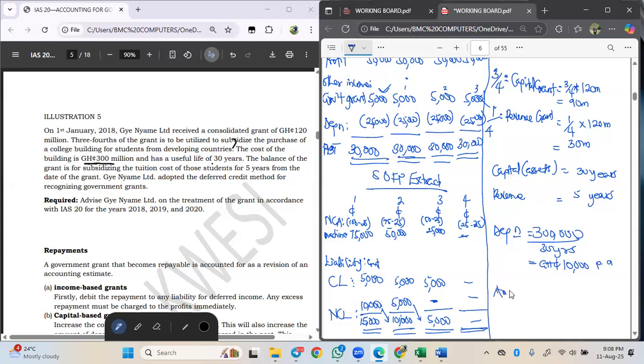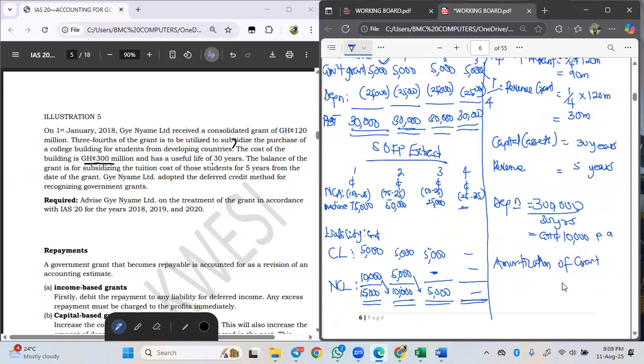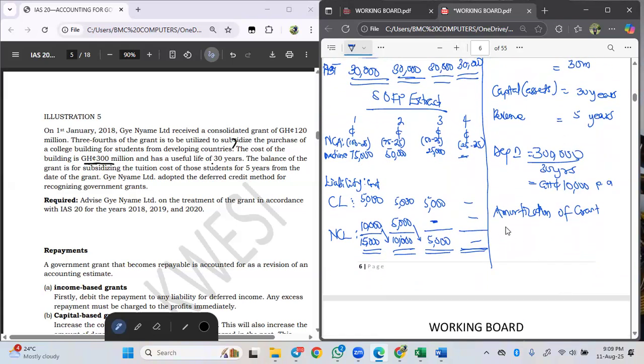Now let's look at the amortization of grants, how the grants will be transferred in the years 2018, 2019, and 2020. First of all, the capital grant is 90 million. Let's use thousands here: 90,000 over the useful life of the asset, 30 years.